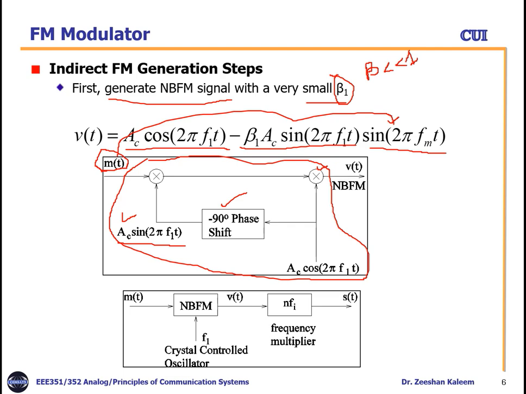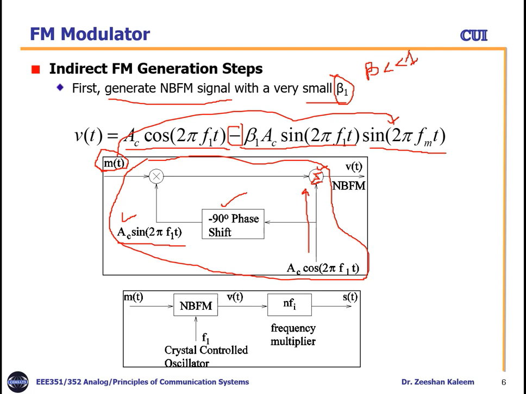I think there is a typo. This will be a summer, not a multiplier, right? If you have a summer block here, you can use this negative sign to generate the negative. So summer or subtractor, we use the same sign. Ac cos comes from here, and the shifted version, the sine 2 pi fm t message, comes from here.